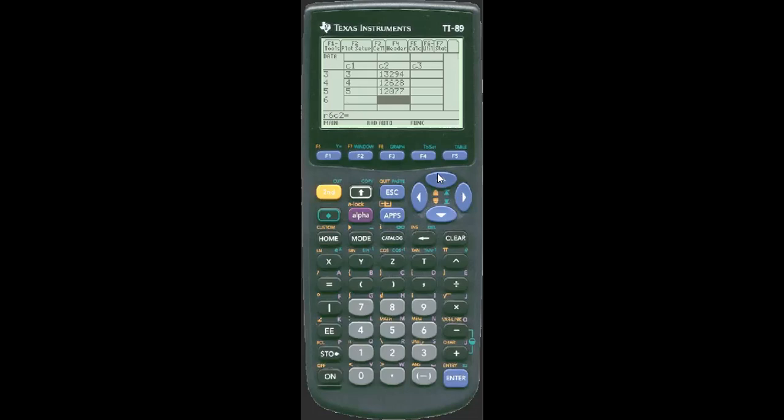Just move up and down to make sure we entered the correct numbers. Okay, it's good.